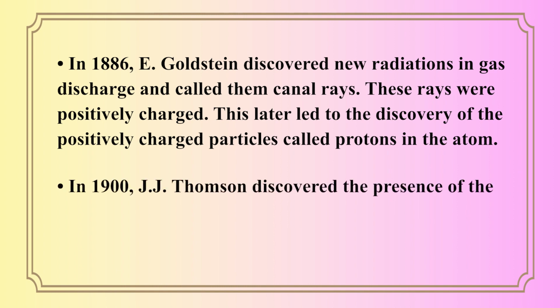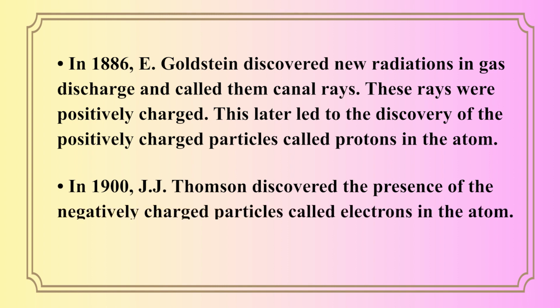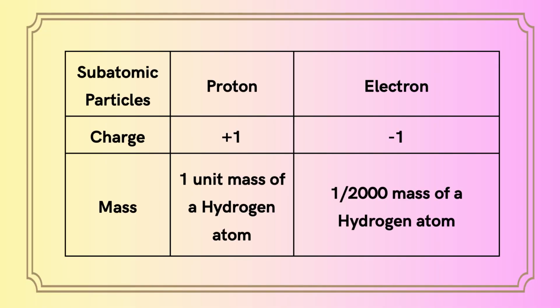In 1900, J. Thomson discovered the presence of the negatively charged particles called electrons in the atom. So, now we know that atoms have two types of subatomic particles. They are electrons and protons.